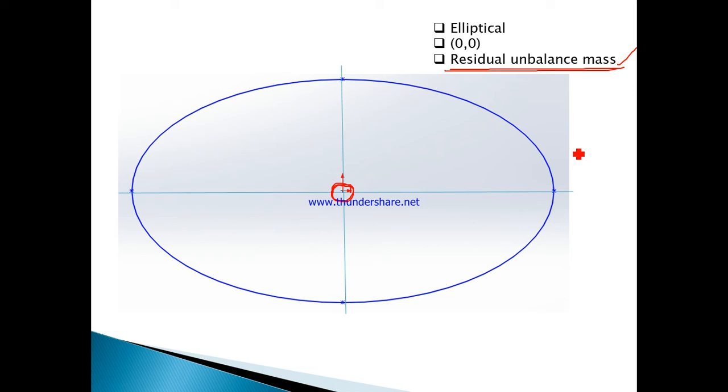It will be a second order differential equation. Damping and the stiffness of the structure will play a major role, and how the excitation is caused due to unbalanced mass, we will learn and solve.